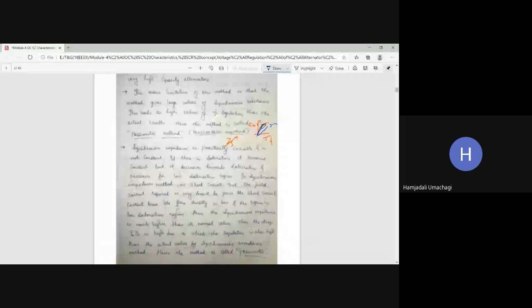In the synchronous impedance method, in the short circuit test, the field current required is very small. The alternator is showing full load current, how much? 3 ampere.